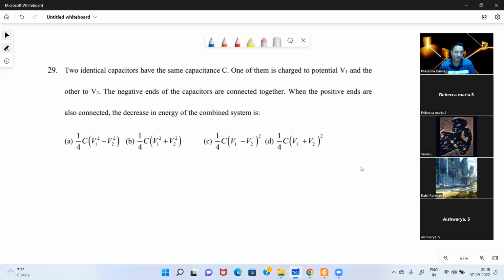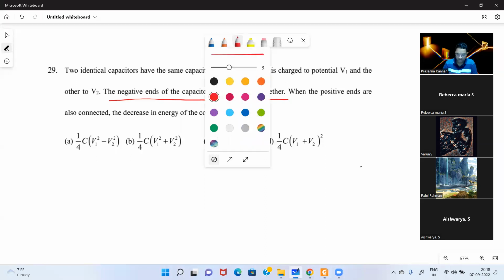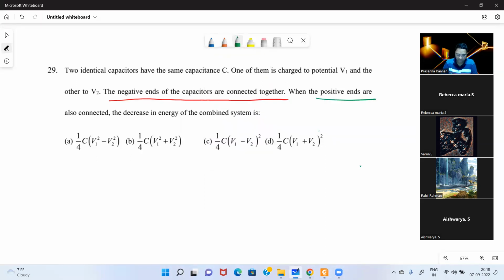They are already charged. Now you are going to connect them together, correct? Now, how are we connecting it? The negative ends of the capacitors are connected together, and the positive ends are connected together.